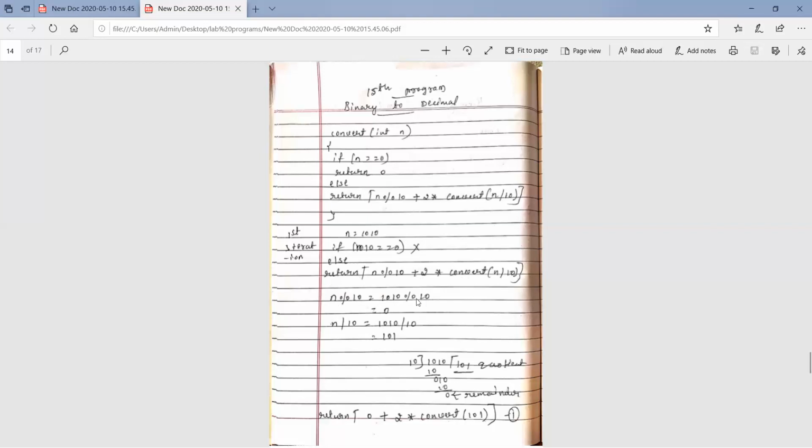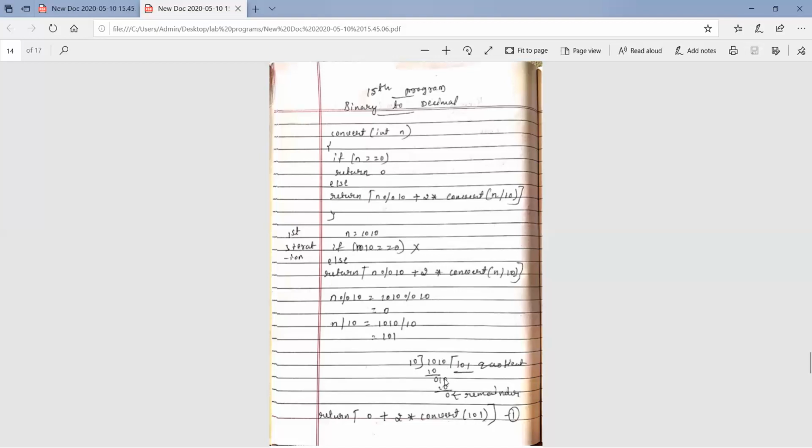Here I'm showing the division: the dividend is 1010, the divisor is 10. 10 ones are 10, so the difference is 0. Next we take the 1, we can't divide 1 by 10, so we have to consider another digit. In order to consider another digit, we place a 0 in the quotient, then consider the next digit, 0.